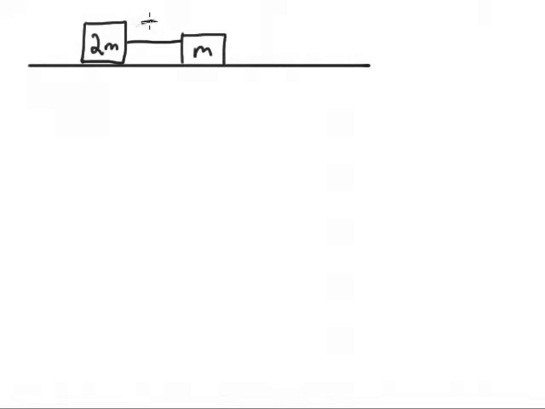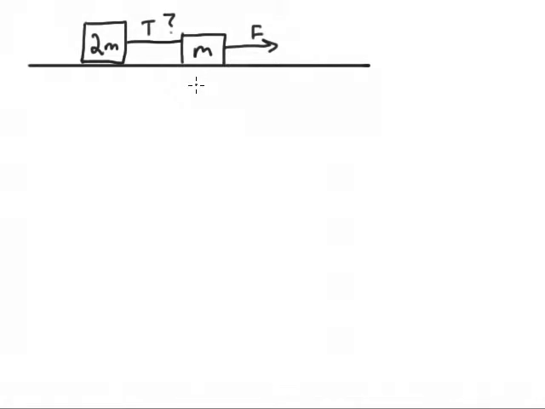So there's a tension T in between here, which is an unknown. Known so far are 2m and m, and there is a force F being applied to them, which is known. This is a frictional surface, and we're given that these are accelerating.